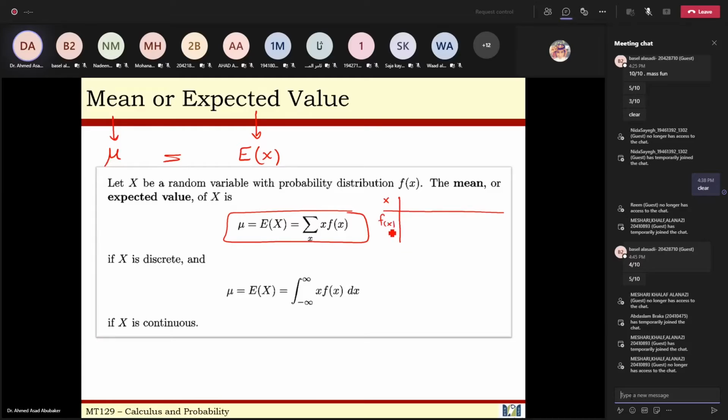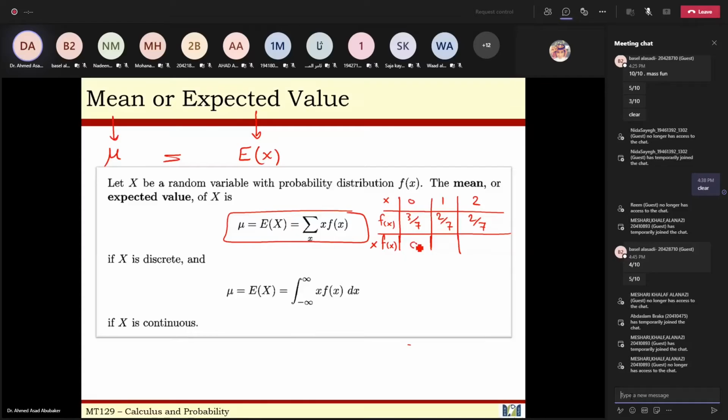For example, if we have x equal to 0, 1, 2 and f of x equal to 3 over 7, 2 over 7, 2 over 7, and we need to find the mean, or expected value, we must find x multiplied by f of x.